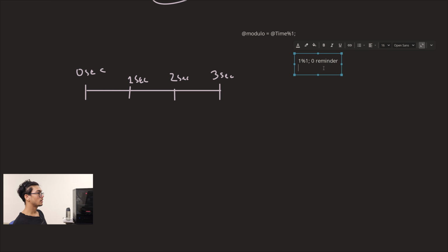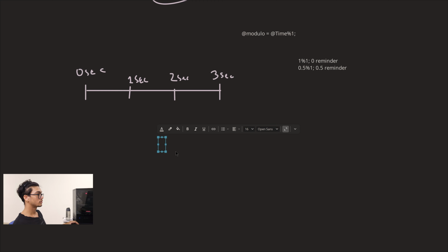When I'm saying 0.5, when we are at 0.5 second, 0.5 modulo 1, we are getting 0.5 as a remainder, right? So from this to this, we are going from 0 to 1, because at 0.5 seconds we are getting a remainder 0.5.